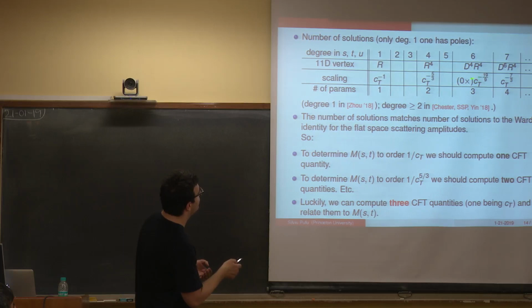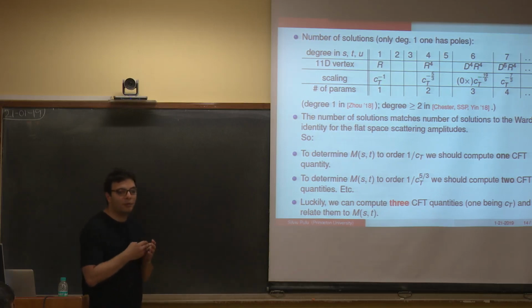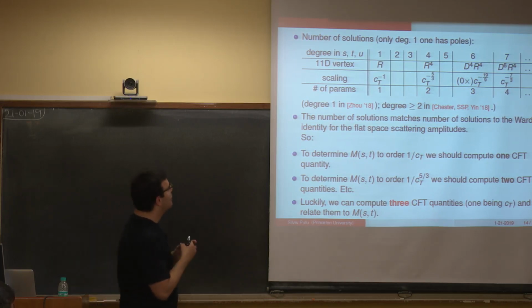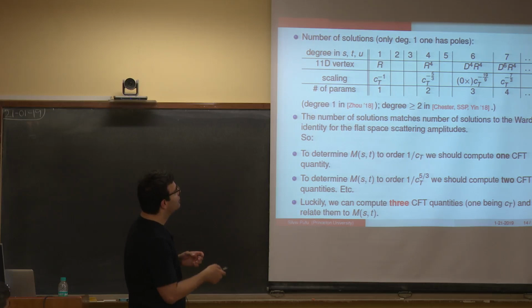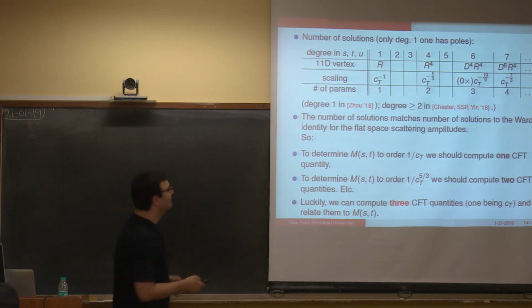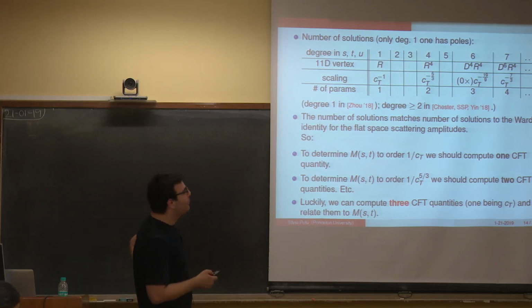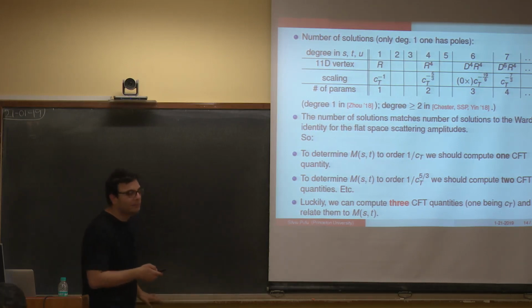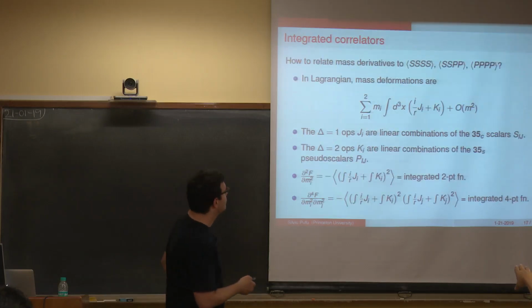It differs from this one by 19/9 minus, it's 10 over 9, and that's just because it's got 10 more derivatives. Yeah, L Planck. Okay, because it's D to the 4 R to the 4.